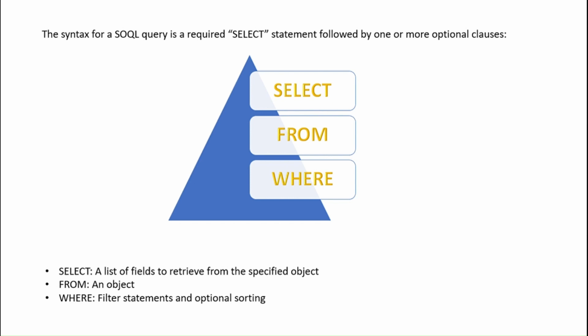FROM means which object, standard objects or custom objects, whichever we want to retrieve data from. And the filters: which data you want to retrieve, for example created in the last 30 days or after 30 days, we use the filter statements, and optional sorting, whatever data we need. Okay.